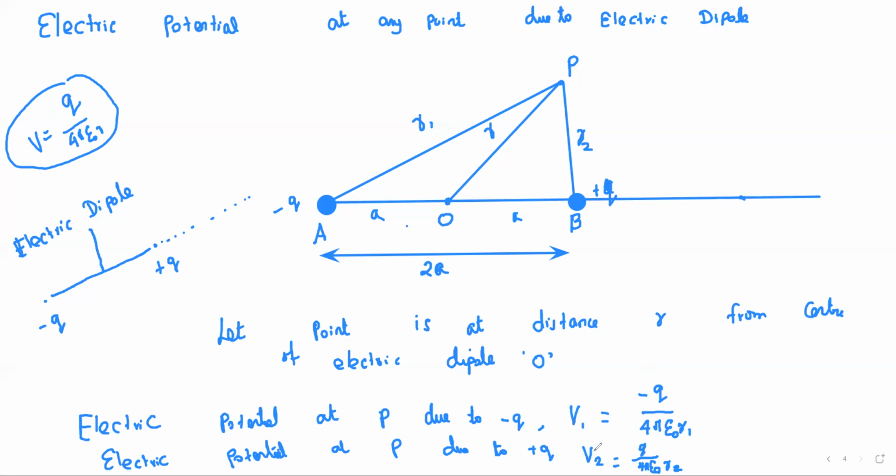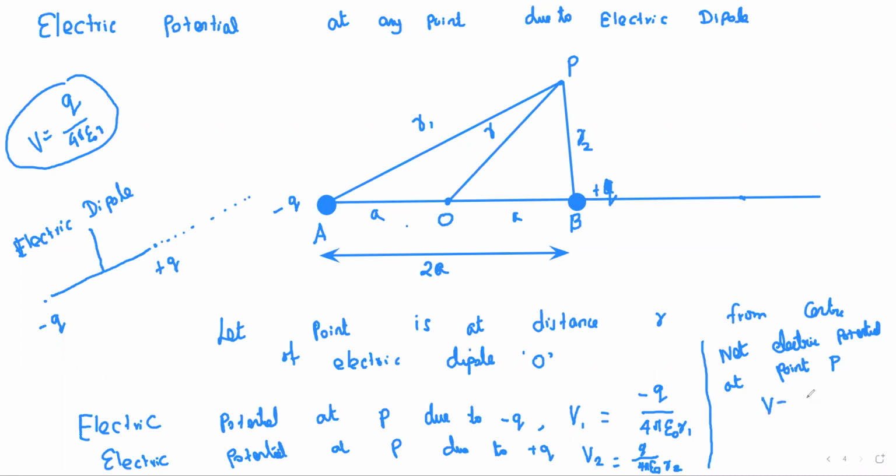Here V1 is the energy, V2 is the energy. If you want to find the total or net electric potential at point P, what do you need to do?